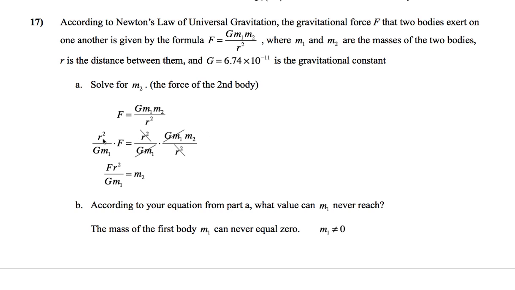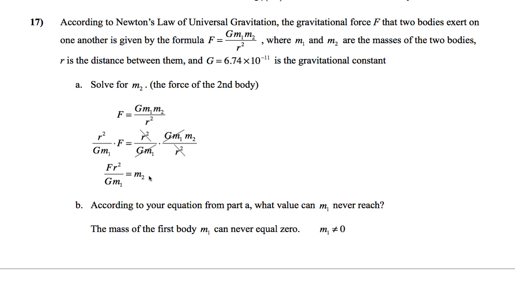You could have multiplied r squared times both sides, canceling the r squared, and then 1 over G times both sides, canceling the G, and 1 over m1 times both sides, canceling the m1, and that would leave you the second mass, m subscript 2, is equal to the force times the distance squared divided by the gravitational constant times mass 1, F r squared over G m1.